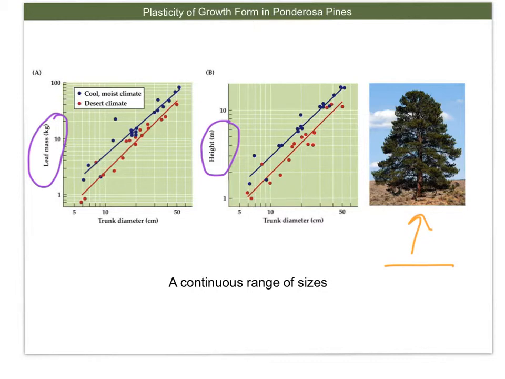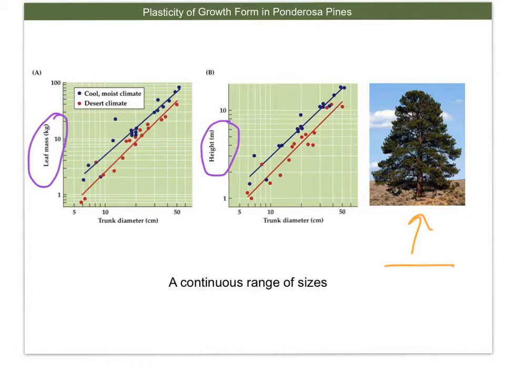So there's a greater amount of leaf mass and height for those individuals that have been growing and living in a cooler, moister climate compared to those that live in the desert. Again, even if they're genetically identical. And so this is exactly what we mean by phenotypic plasticity. Each phenotype, each tree, is different depending on its environmental circumstances.